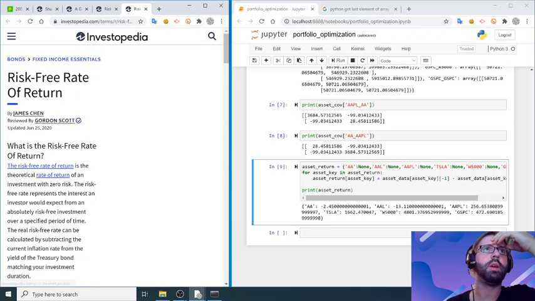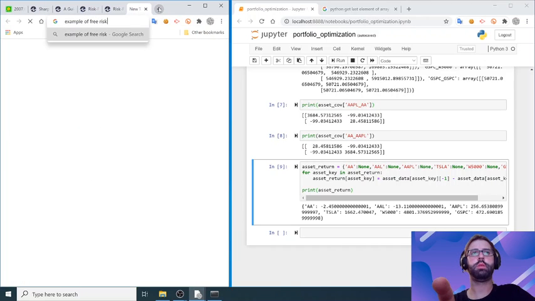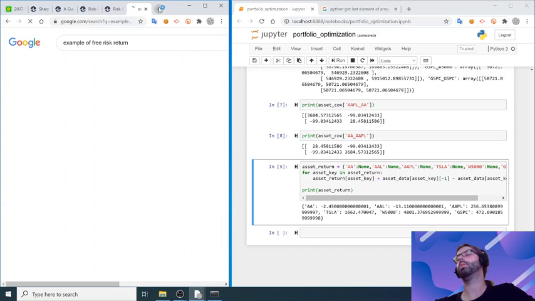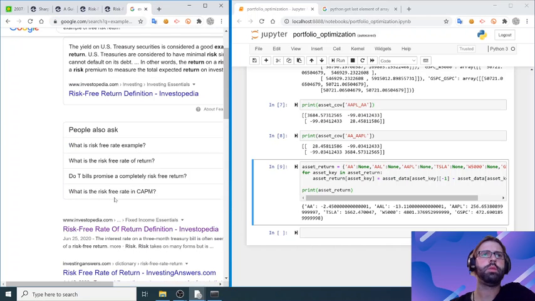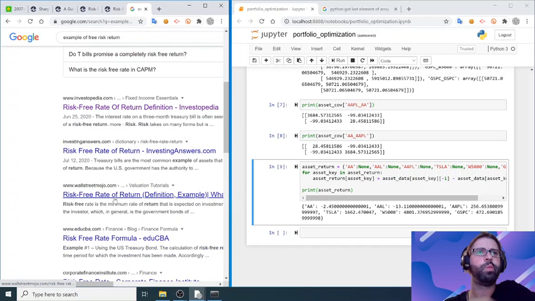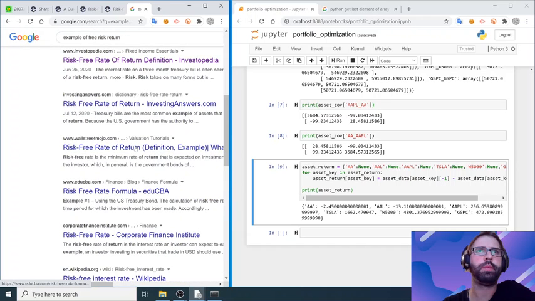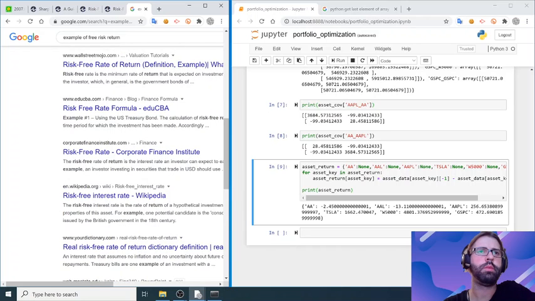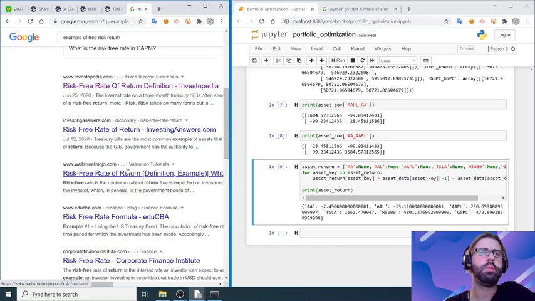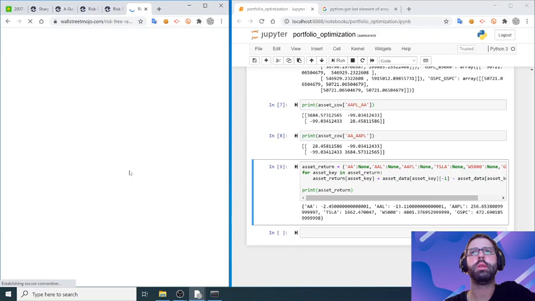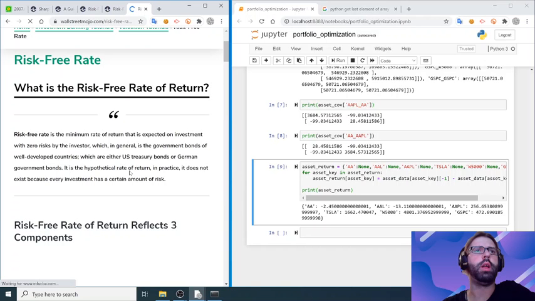Just give me an example. I don't know. I can probably just move on with 0.